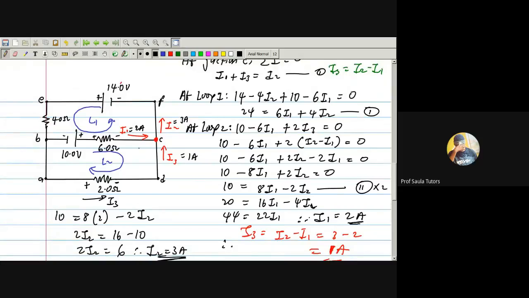So if we check current entering equals current leaving, 2 plus 1 is entering and 3 is leaving. So that is correct.